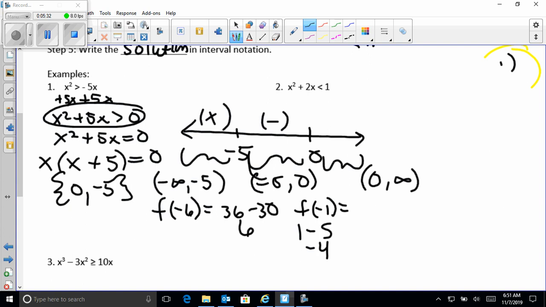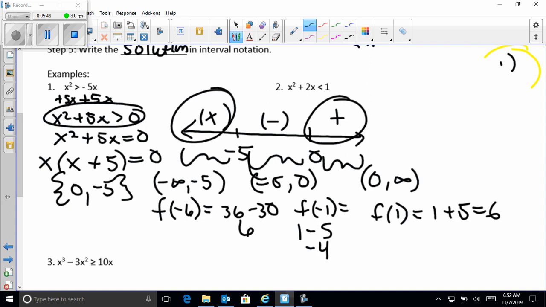And I'll use 1. Why not? That's pretty easy. So that's going to be 1 plus 5, which is 6. So that's a positive region. My inequality is greater than 0, so I'm looking for positive areas. So my solutions will fall in negative infinity to -5, union with 0 to infinity.